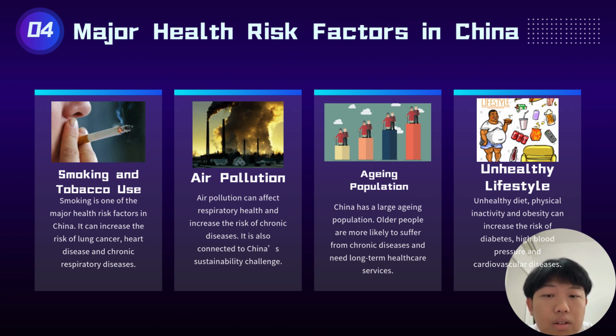This shows that China should focus more on prevention, not only treatment. If China can reduce these risk factors, it can improve healthy life expectancy and reduce pressure on the healthcare system.